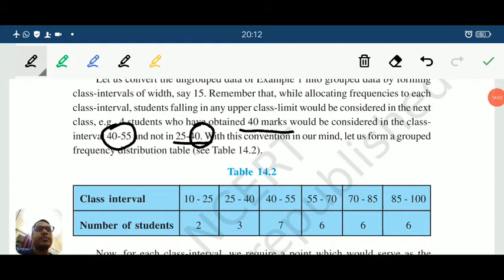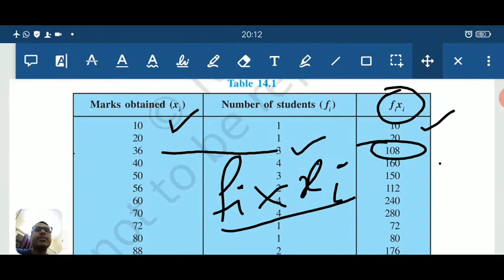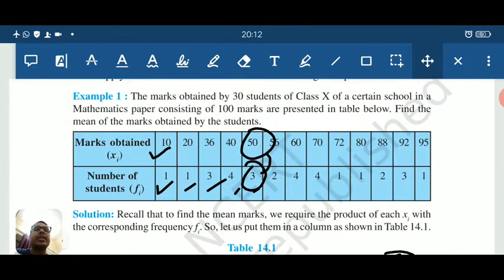Now, with this convention in our mind, let us form the group frequency distribution table. So we have 10 to 25, 25 to 40, 40 to 55. How do we get to know from where we have to start? To understand that, let us go back to the data again. Here if you see, we have got 10, 20, 36.